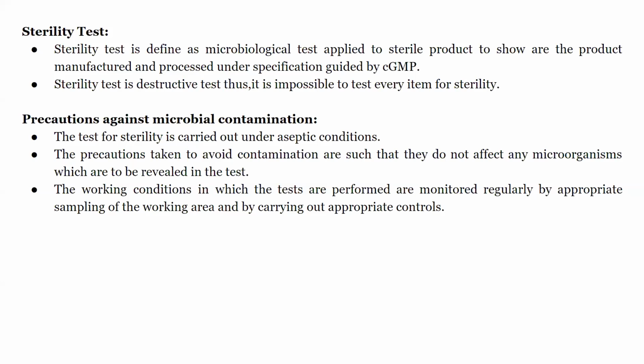While starting with the sterility test, the precautions against microbial contamination which are to be observed are that the test for sterility is carried out under aseptic conditions. The precautions taken to avoid contamination are such that they do not affect the microorganisms which are to be revealed in the test, and the working conditions in which the tests are performed are monitored regularly by appropriate sampling of the working area and by carrying out appropriate controls.